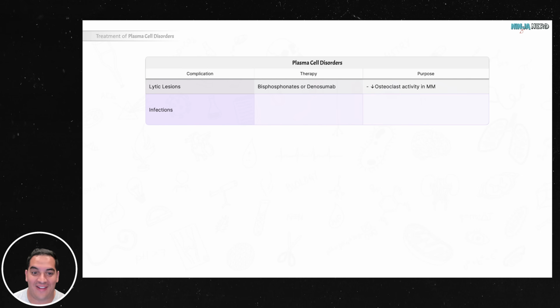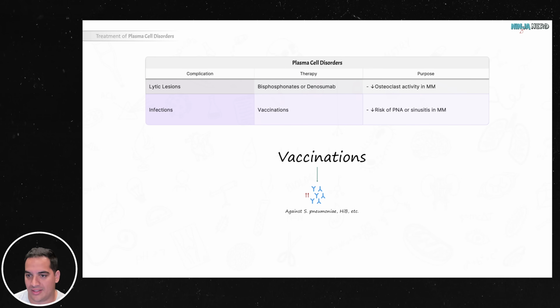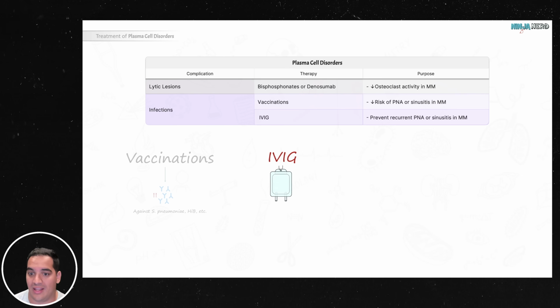Let's move on to the next thing, infections. Now, what do we want to do? Well, these patients are super high risk for Streptococcus pneumoniae and Haemophilus influenzae type B, so vaccinating them, making sure they're up to date with their Haemophilus influenzae and Streptococcus pneumoniae vaccines, is really key to reduce the risk of these infections. But if they keep developing these infections, that's when we would say, all right, now we need something a little bit stronger. Then I would go to IVIG because you're going to be giving them functional immunoglobulins.